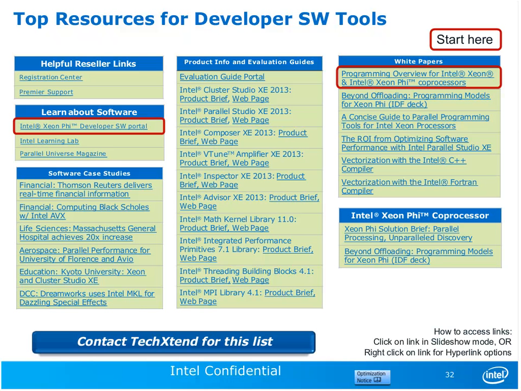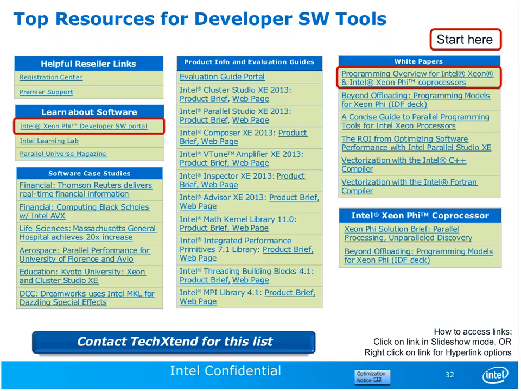It's got all kinds of resources, code samples, really a good place for you to go in and look at, to determine whether the application is well suited for Xeon Phi. And it's run by experts. So there's lots of other engineers in these communities and these forums. Another white paper that I'd recommend you read is called Programming Overview for Intel Xeon and Xeon Phi Processors.